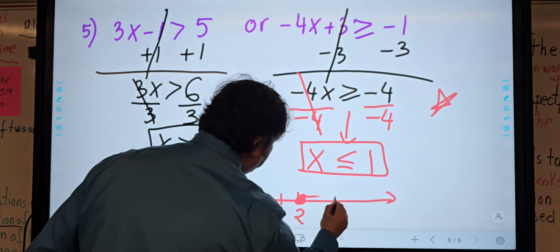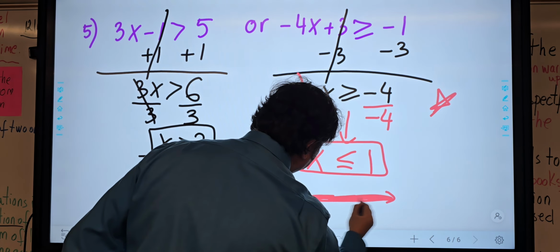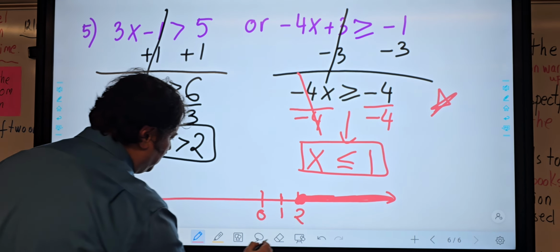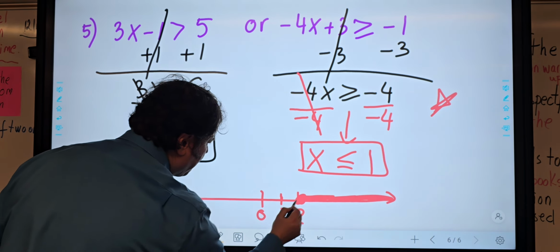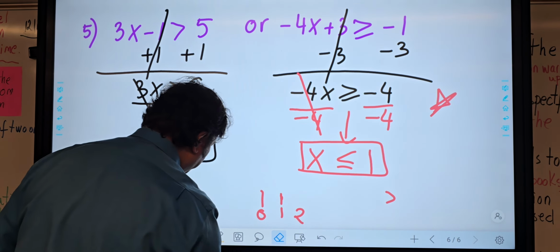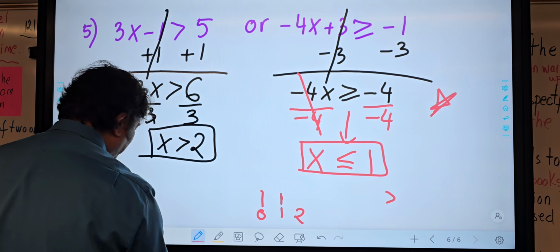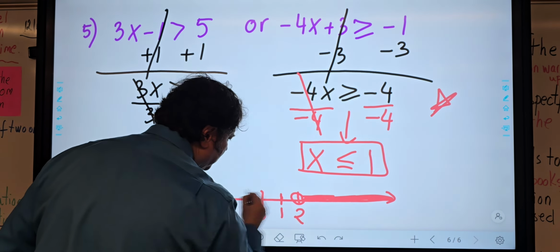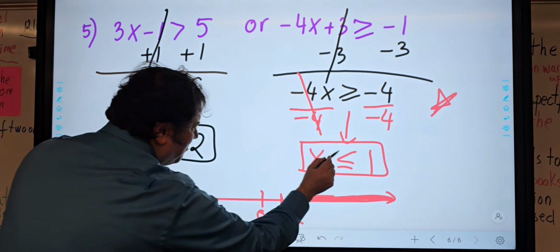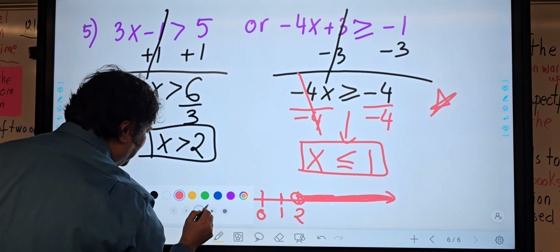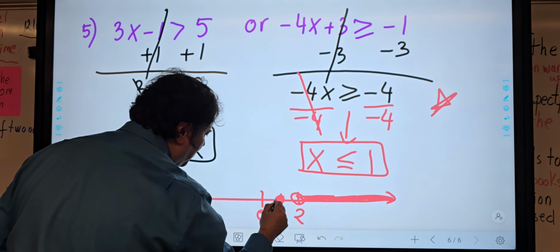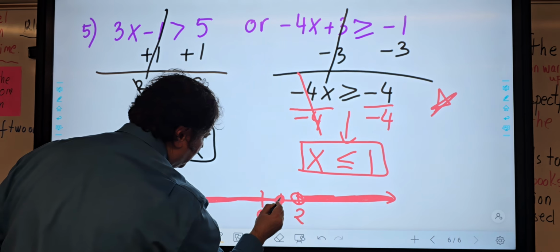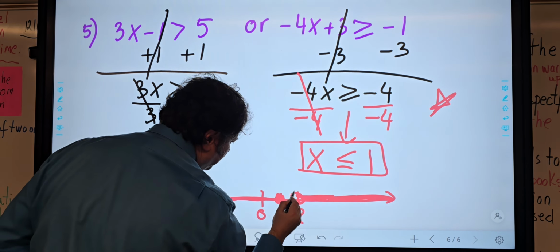At 2 is open, my bad, so open at 2. Okay, and then close at 1 because that's less than or equal to. So let's go to 1, and now here is closed, and now we go this way. And this is open here.